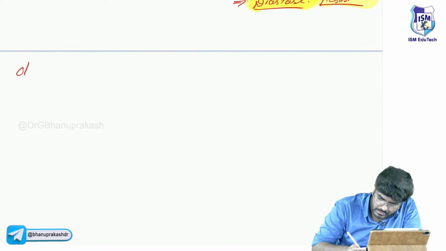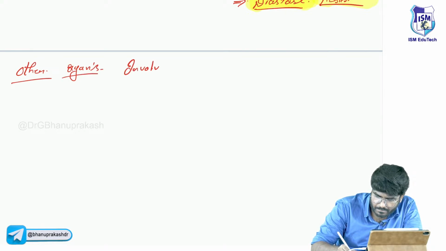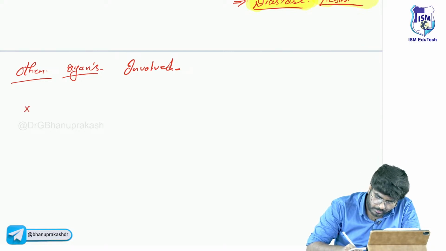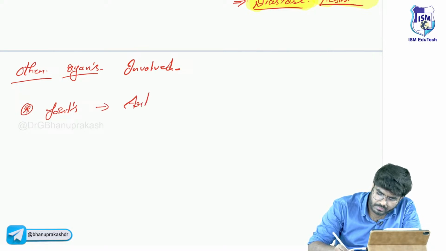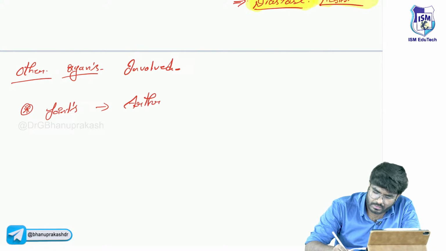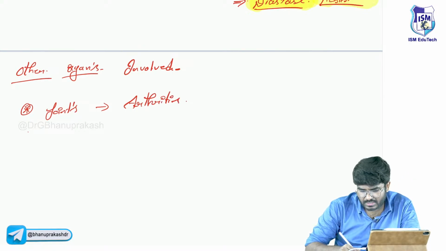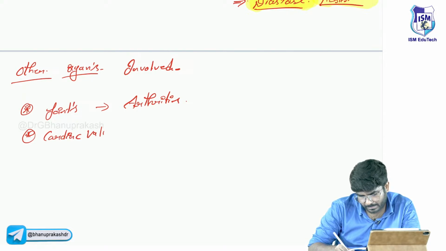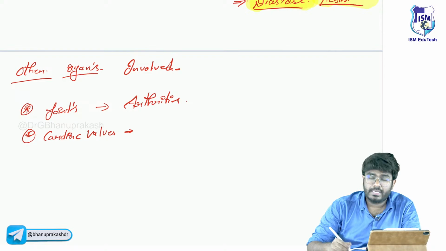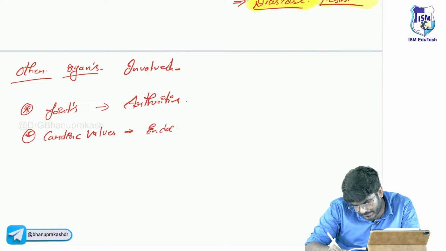Other organs involved: mainly the joints. These organisms will attack the joints, leading to arthritis. The heart valves can be affected, leading to endocarditis.